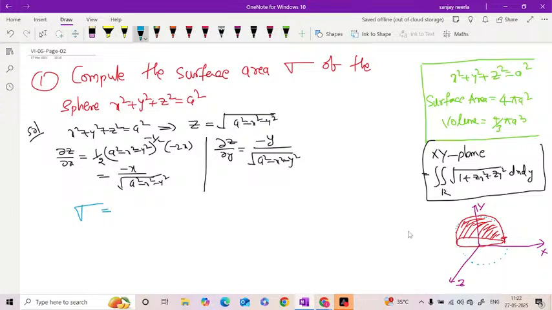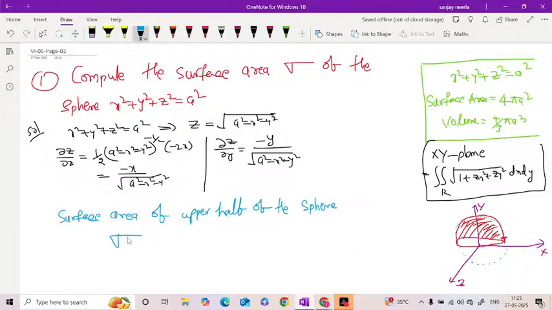So first of all, I am computing only the surface area of the upper half of the sphere. Actually it is sigma, but 1 by 2.